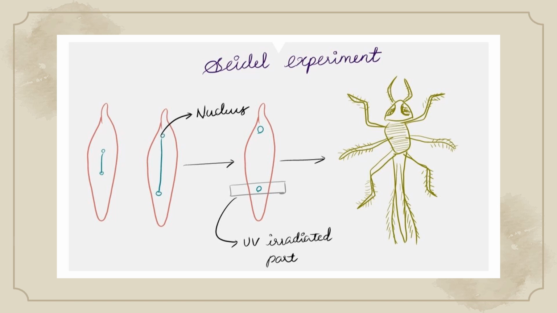That is, it can translocate to the posterior part, and there also the division occurs. So he concluded that one nucleus alone is capable of development of the normal dragonfly. The two nuclei are not compulsory. He found this interpretation in his experiment.